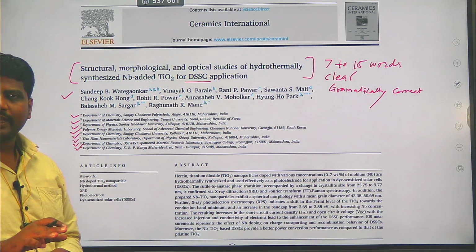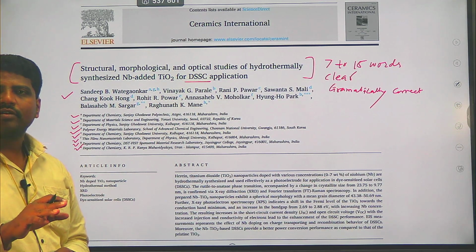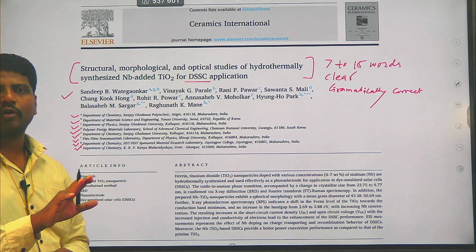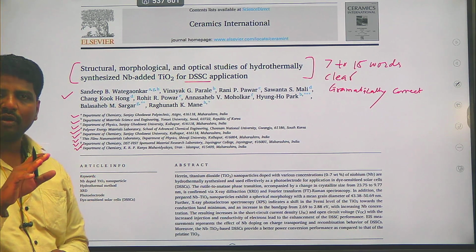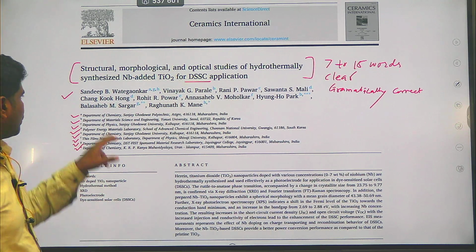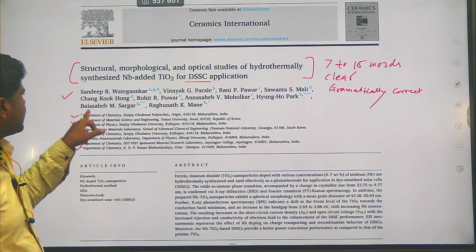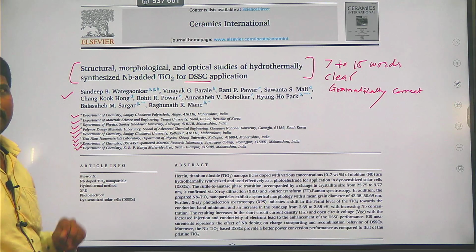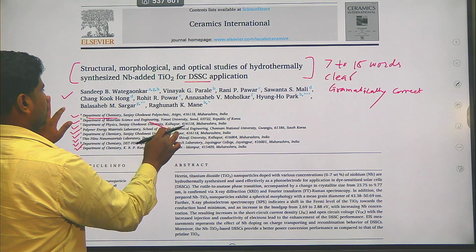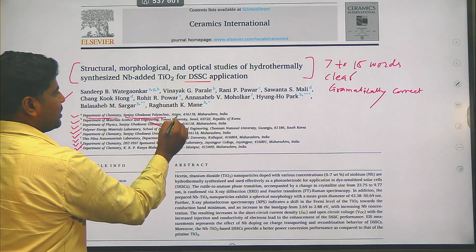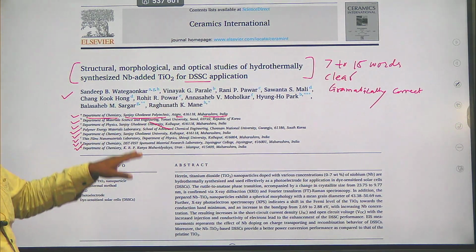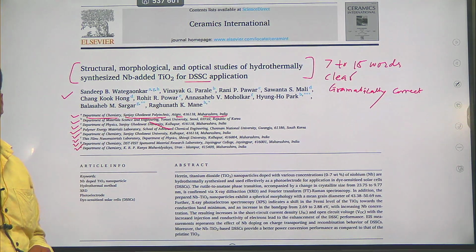The affiliation indicates the person's individual department, individual laboratory, and the place where he or she has done their work. So this is called the affiliation. Myself, I have added my affiliation: Department of Chemistry, Sanjay Ghodawat Polytechnic, Atigre, Maharashtra, India. I published that in the year 2021.